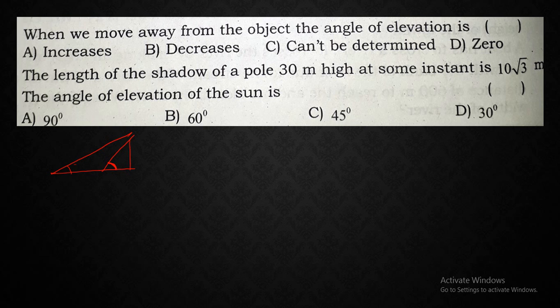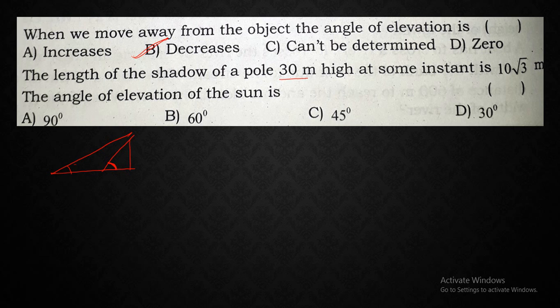You are familiar with the theater. If you sit near the screen, you need to raise your head and see, right? If you sit away from the screen, then there is a minimum angle of head you need to raise. So that means when you move away from the object, clearly the angle of elevation decreases.